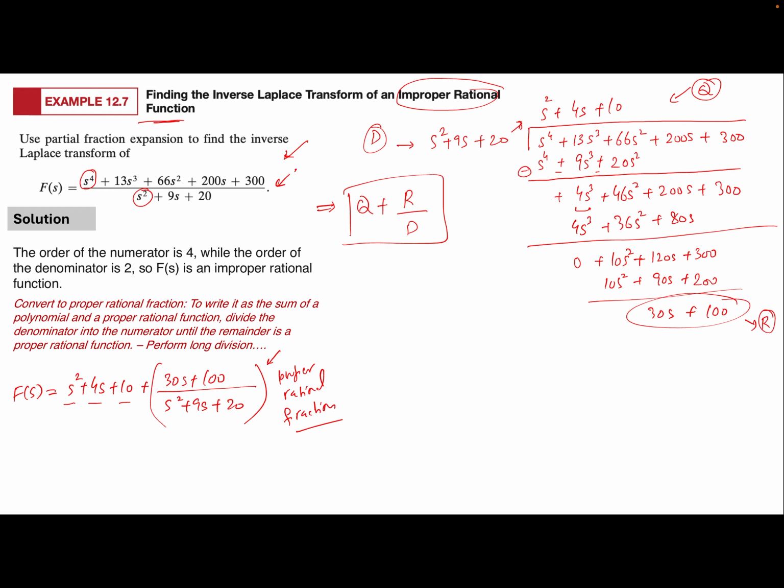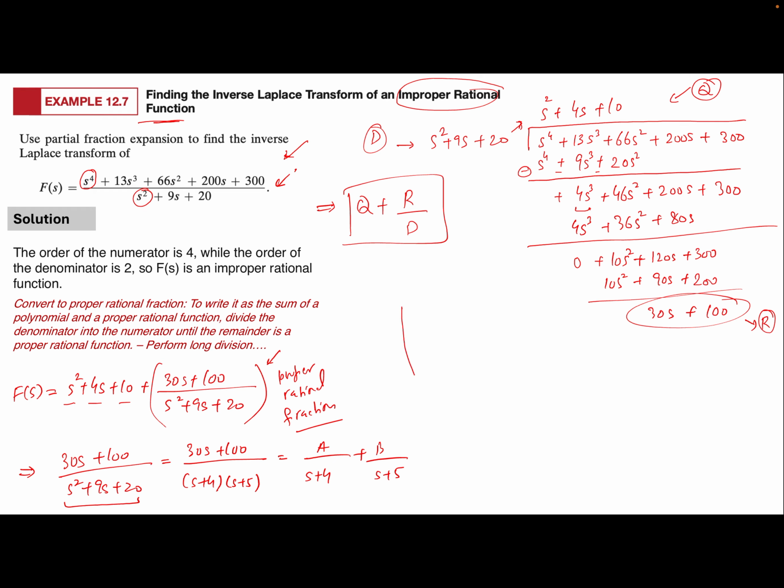So let me start with this: 30s + 100 divided by s² + 9s + 20. On the denominator you have a quadratic, so you can find the roots. 30s + 100 divided by (s + 4)(s + 5). You can further expand this into a over s + 4 plus b over s + 5.